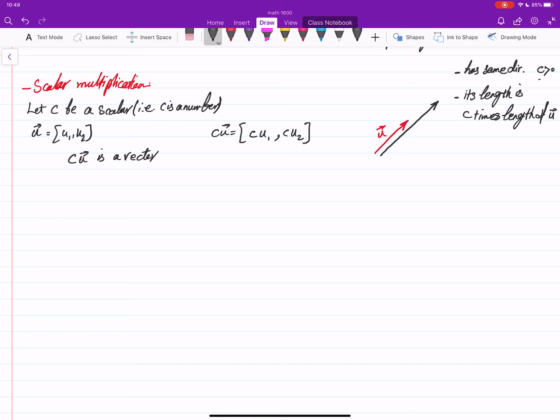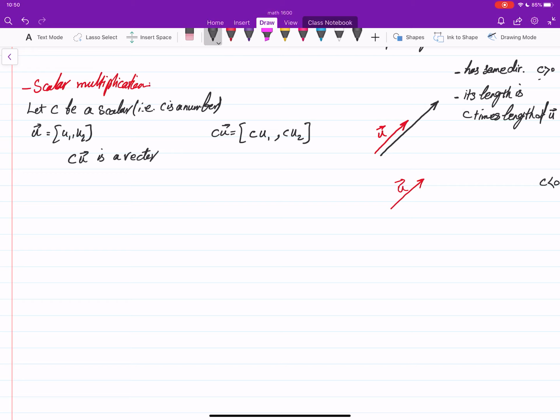How about if c is negative? Let me start again with vector u here, and draw the vector cu for a negative c.